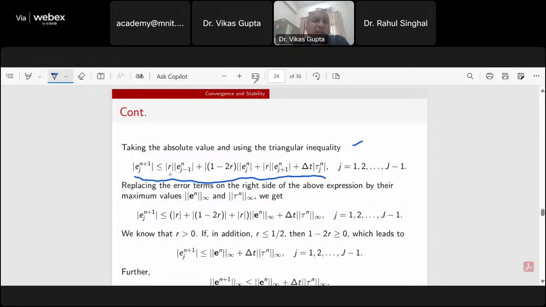Now replacing the error term on the right hand side of the above expression: because r is positive, mod r is equal to r, and for r less than or equal to 1 by 2, 1 minus 2r is also positive. Mod r, that is also r since r is positive, so you can take it directly.